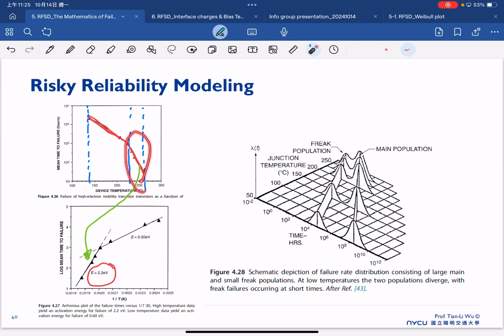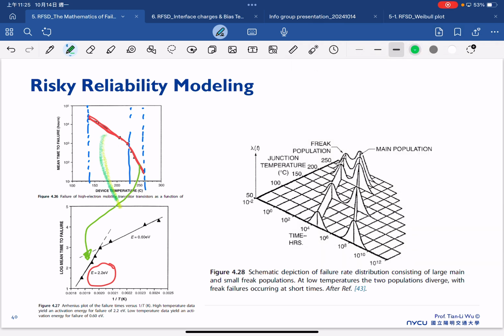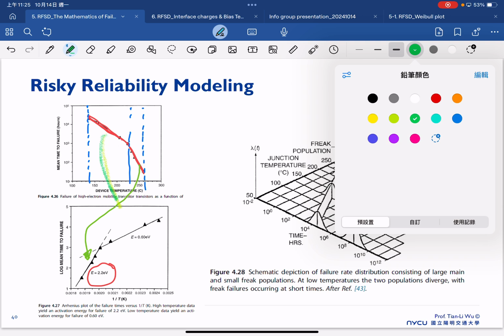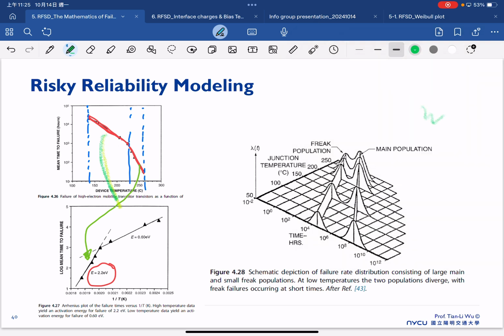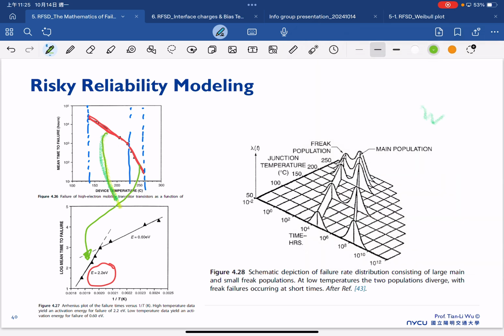On the other hand, this region gave us another activation energy, which is 0.6 electron volt.